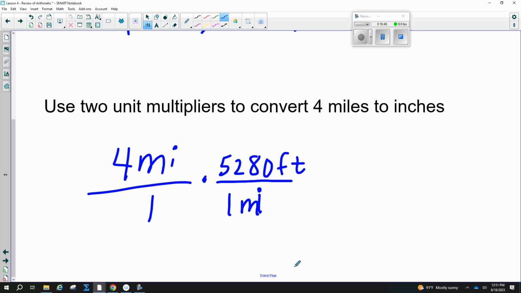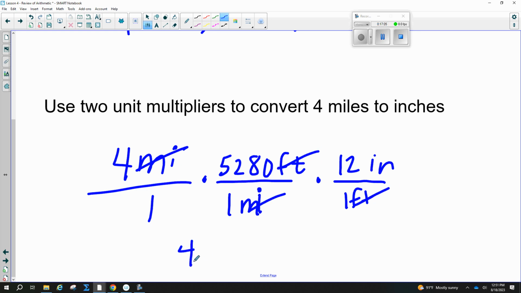So 1 foot is equal to 12 inches. And the feet has to go on the bottom since it was on the top here. All right, so miles cancel with miles, feet cancels with feet, and I get a 4, and then times 5280, and then times 12. Again, just leave your answer like this, inches. Okay, be sure you have inches on your answer.